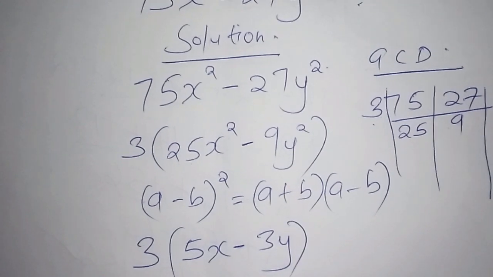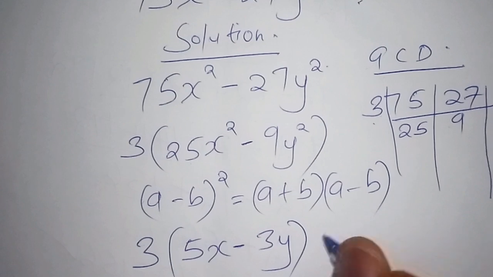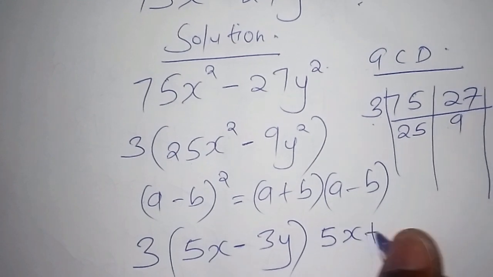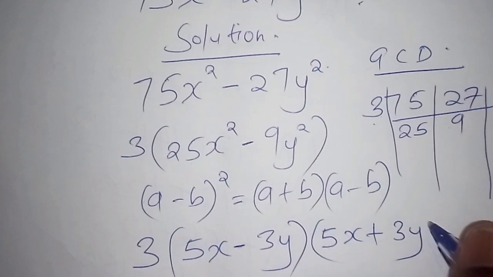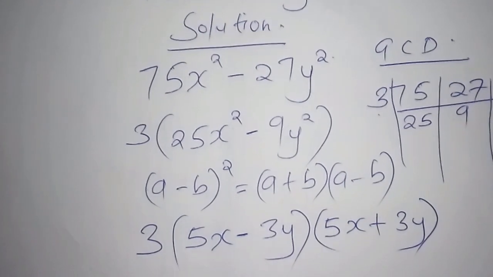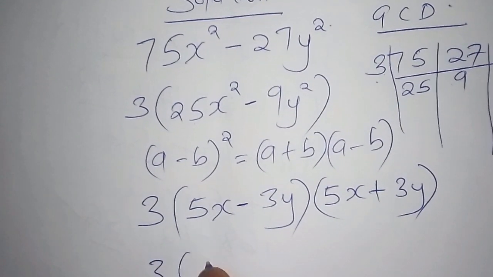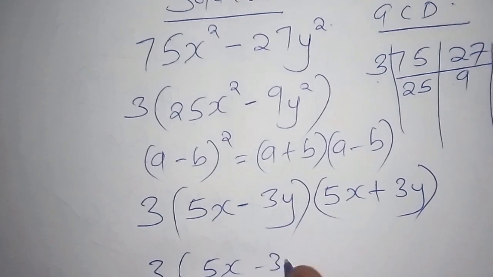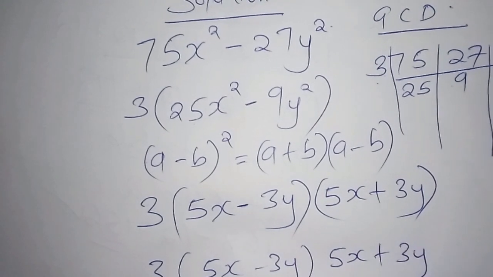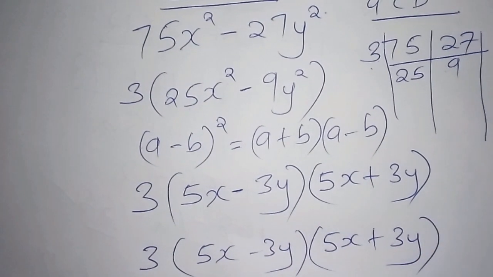Then we close the bracket. Now the sign will change, so we shall have 5x plus 3y. So our final answer is 3 into bracket 5x minus 3y, close the bracket, 5x plus 3y. That one now shall be our final answer.